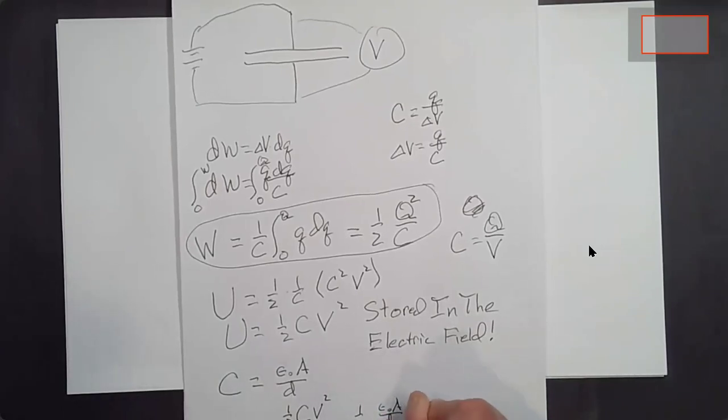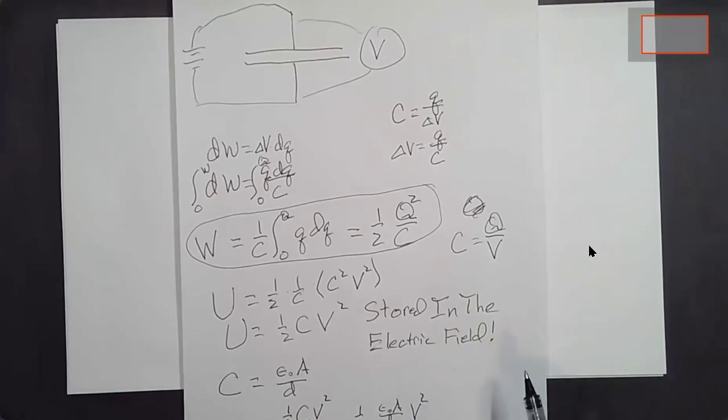And then V squared over A times D. Oh, let's see, what else can we do here?